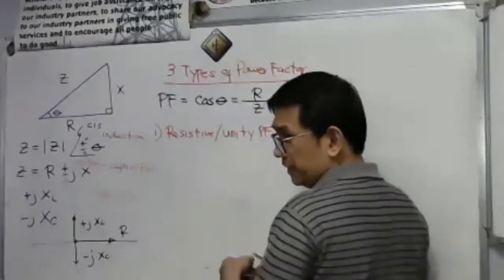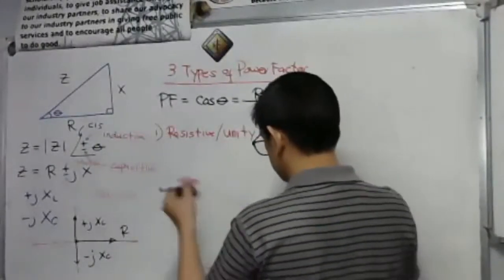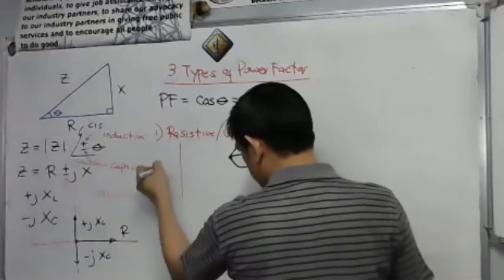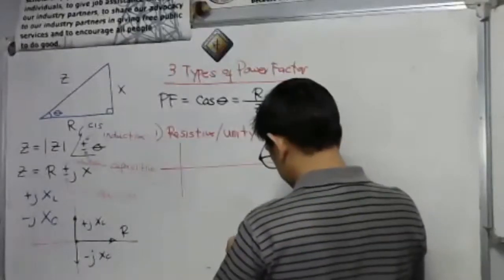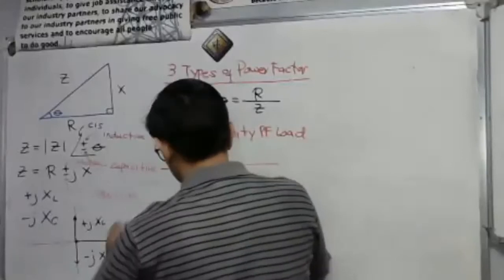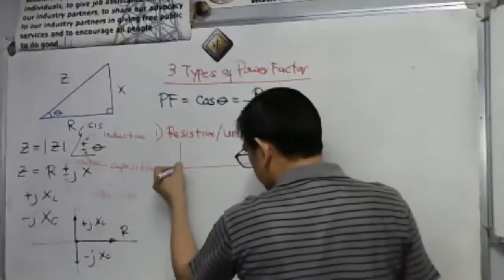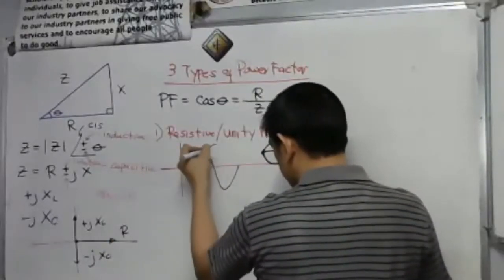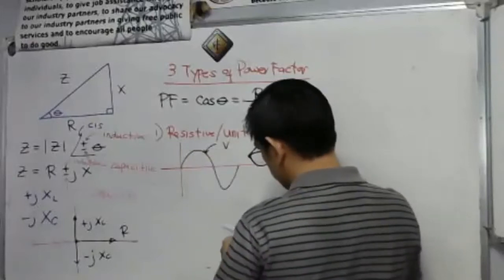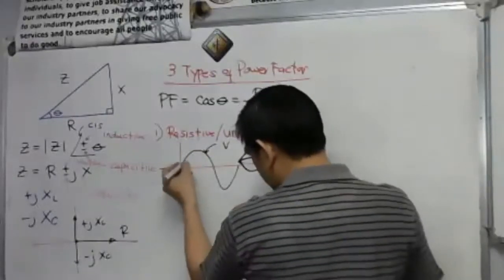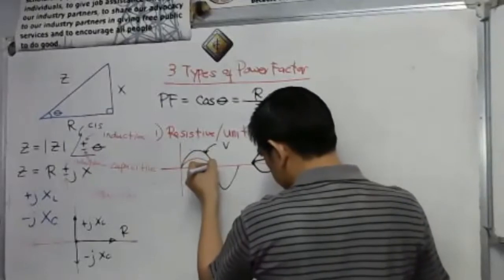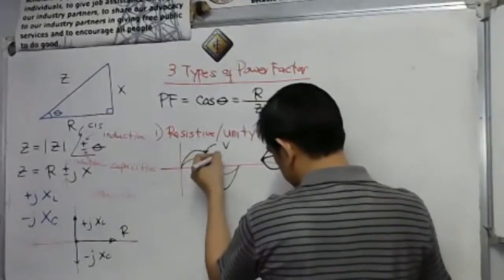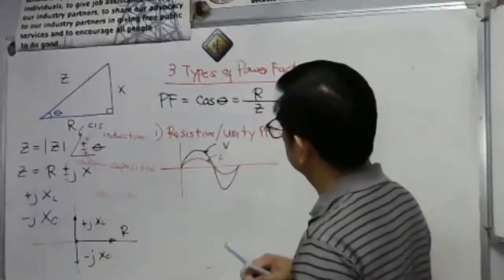So, we have here, take a look at the waveform. Let's say this is the voltage waveform. Okay? And this is our current waveform. There you are.